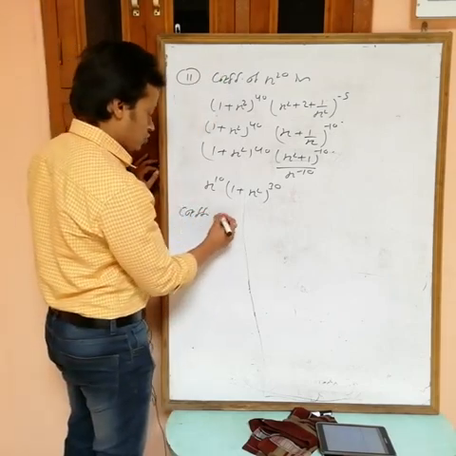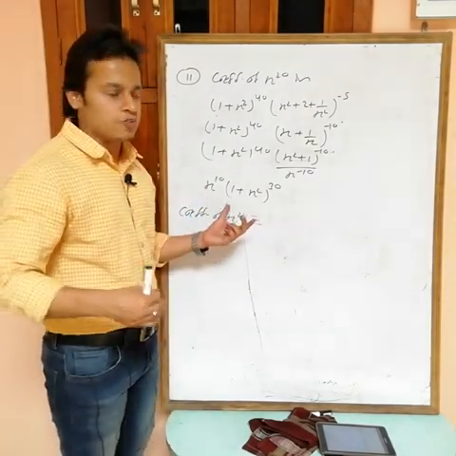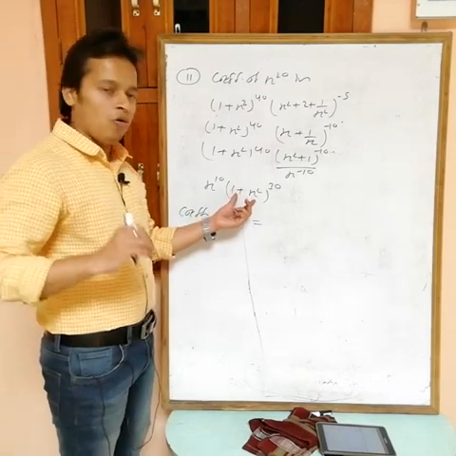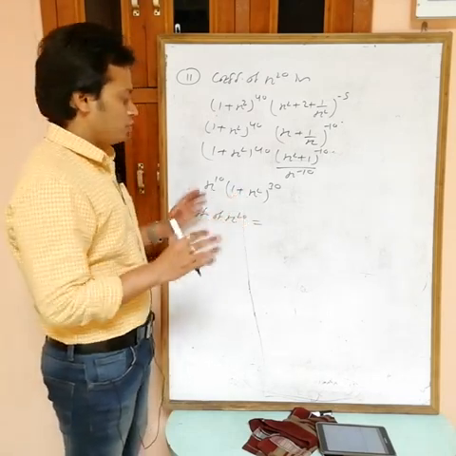Now the coefficient of x²⁰: we already have x¹⁰ outside. So from this one we want only x¹⁰, because we want total x²⁰.